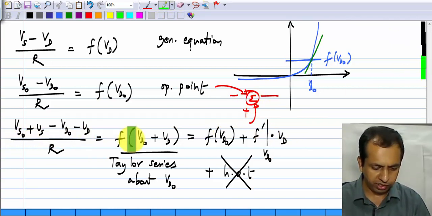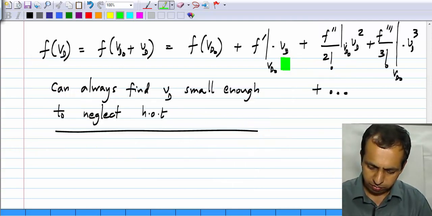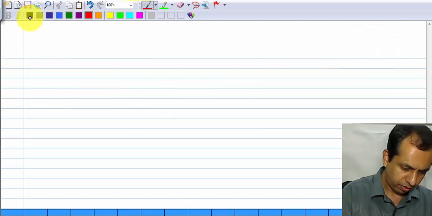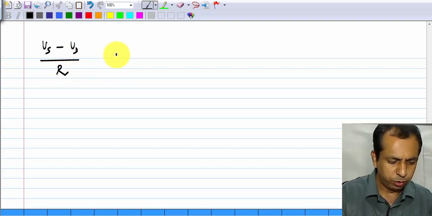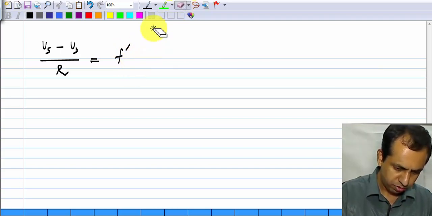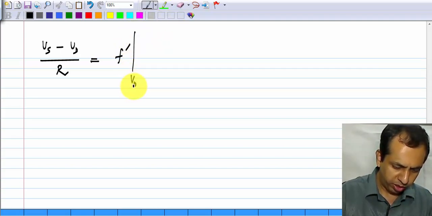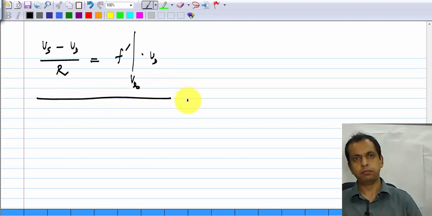That is, I simply take this equation and that equation and subtract. What do I get? You can easily verify that. We will get Vs minus Vd by R equal to f prime calculated at the operating point times Vd.